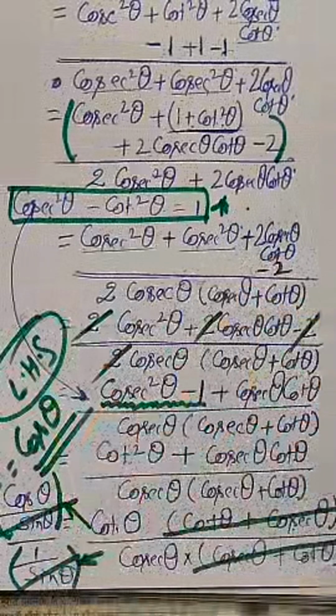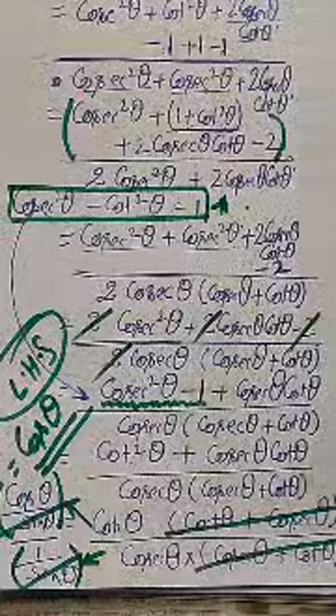So we have proved that the LHS is equal to the value of p square minus 1 by p square plus 1, which is proved to be equal to cos theta, right? And this RHS is equal to this LHS cos theta, and this question is solved.